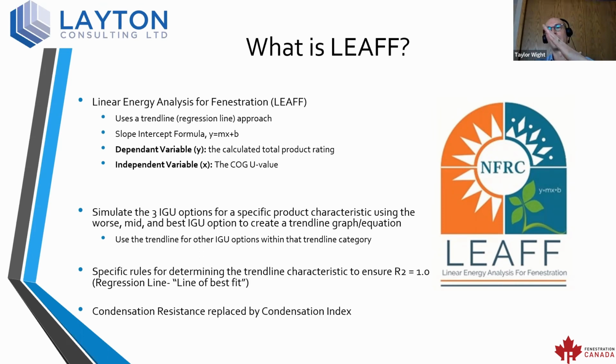And with 3 points, you can have a slope, an intersect, and a tolerance for that line. So that's the thought process behind what LEAFF is. It's a trend line approach, and we'll get into that a little more here.